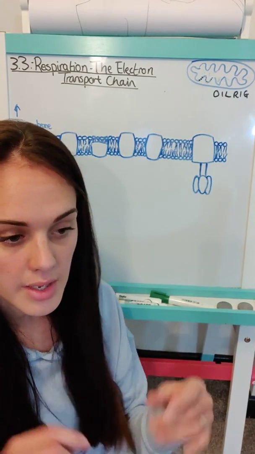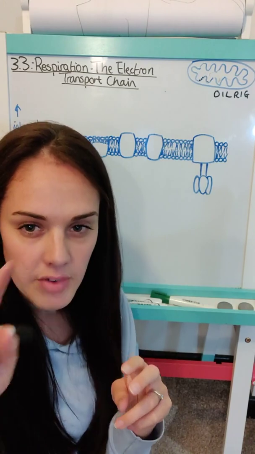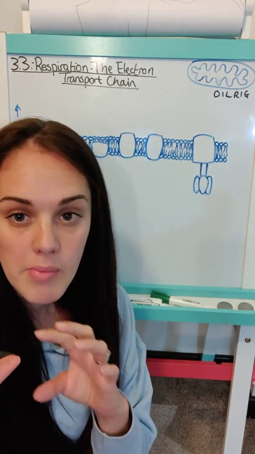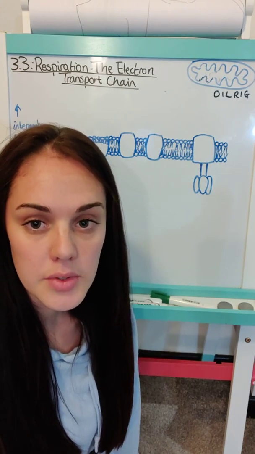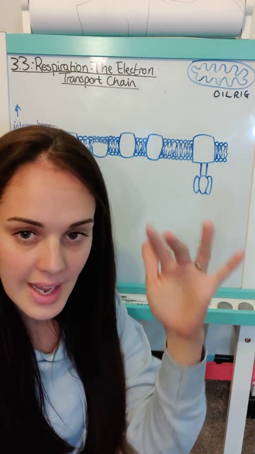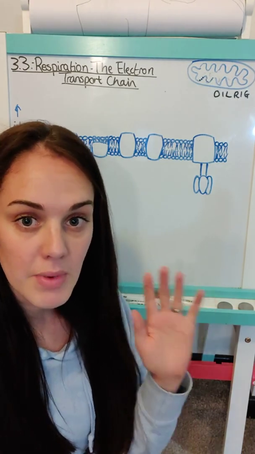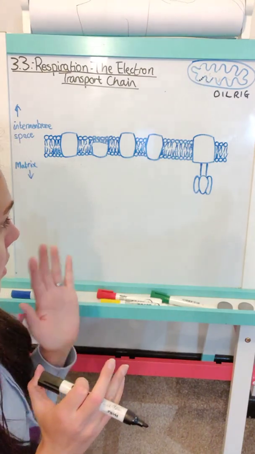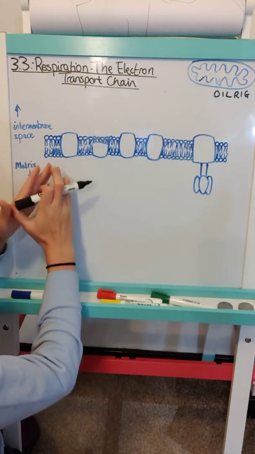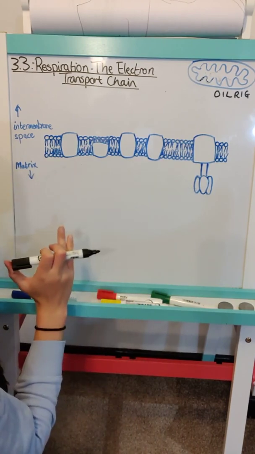So that happened twice in glycolysis, once in a link reaction, 3 times around the Krebs cycle, but remember there's 2 Krebs cycles for every molecule of glucose, and we'll come back at the end to adding it all up to working out where we get all our ATP from, because by the end of this it will all come together. So we're on the electron transport chain now, which is this part of this diagram.